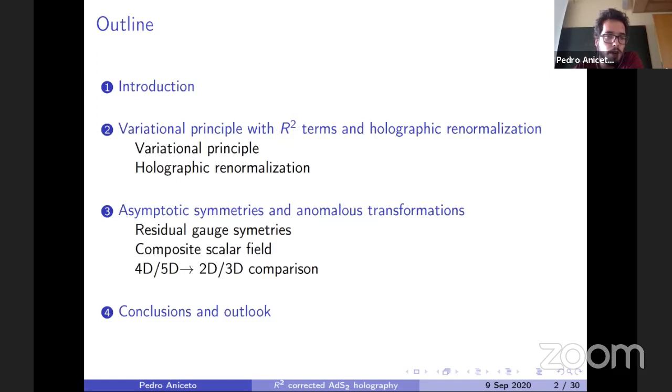Afterwards, I will be discussing the asymptotic symmetries of the theory, and with it, I'll try to address what kind of physical information we can actually obtain from the theory. And then I'll finish with some conclusions and mention some future work that would be interesting to pursue.